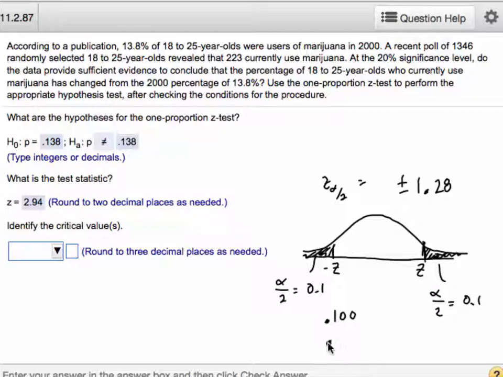It's actually 0.1003 and 1.28. No, on the T chart it says the Z value for 0.1 is 1.282. Oh, for 20%?